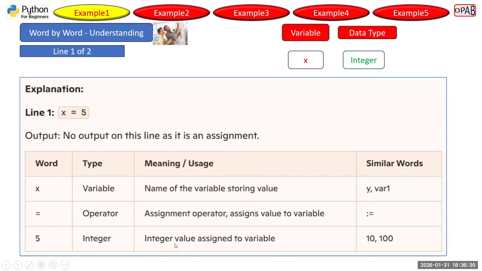For 5, we are telling it is an integer value assigned to the variable. So instead of x, you can give y or va or 1, but the variable should not start with any number or any symbol. It should always start with a small alphabet character.